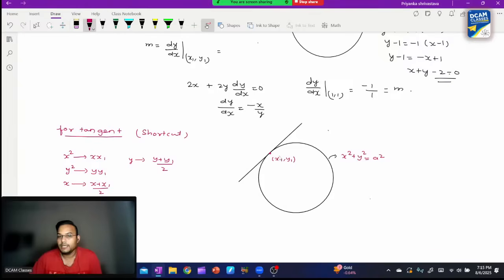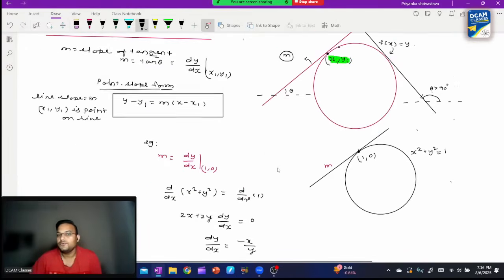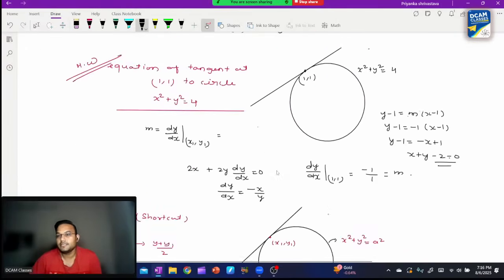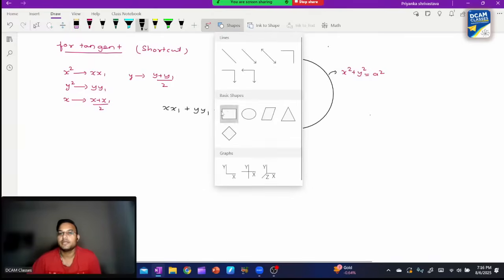So here, by the shortcut, x square will be converted to x1, y square will be converted to y1, and a square stays. This will be your equation of tangent.